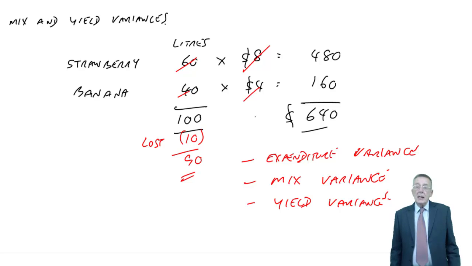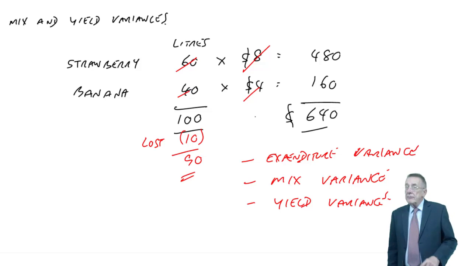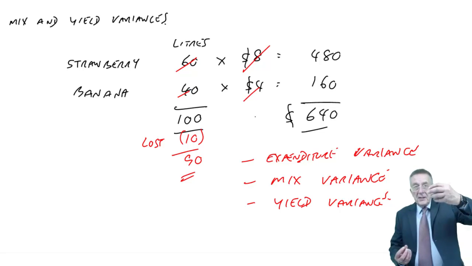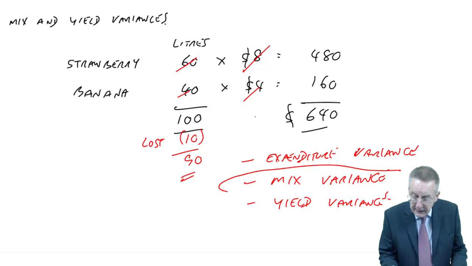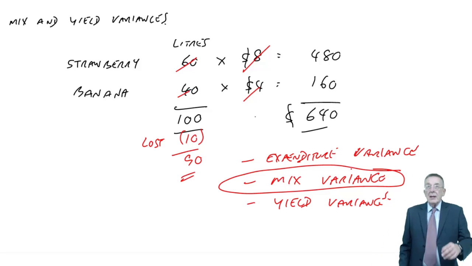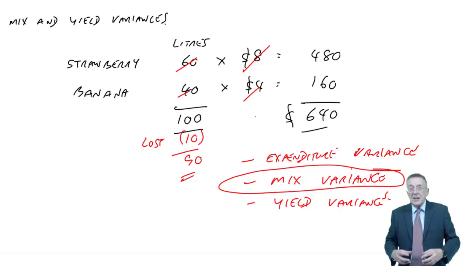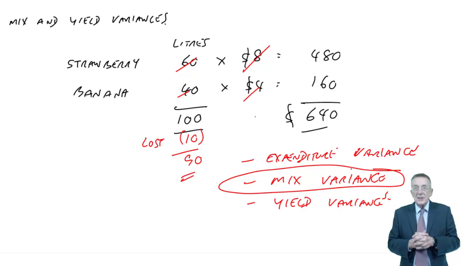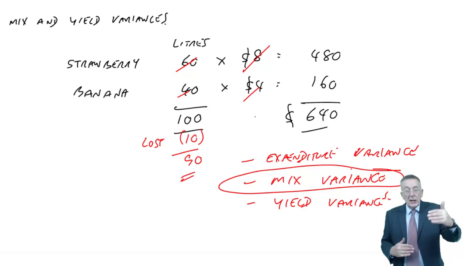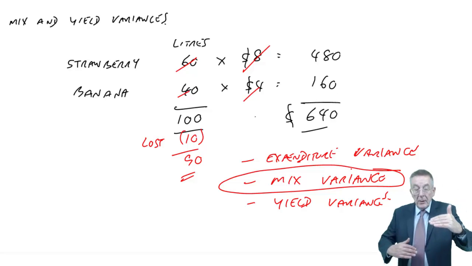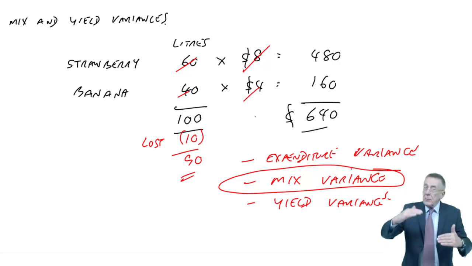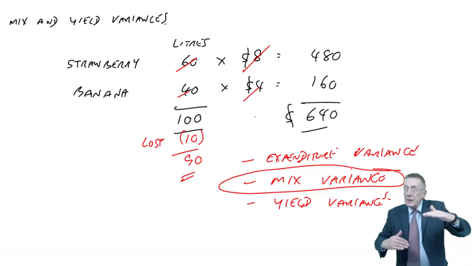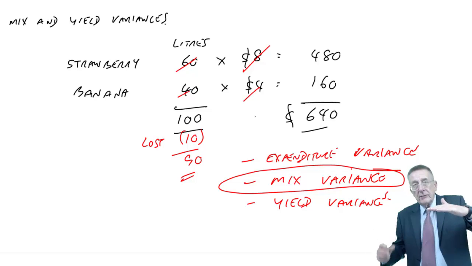What I'm talking about here is something that doesn't happen that often in real life, but where one material is replacing another. That's this mixed variance, because we're mixing them together and ending up with one juice. Automatically, if we use less strawberry, we automatically use more banana. And that doesn't happen with desks. You might use less wood, but that doesn't mean you're going to use less metal for the legs.